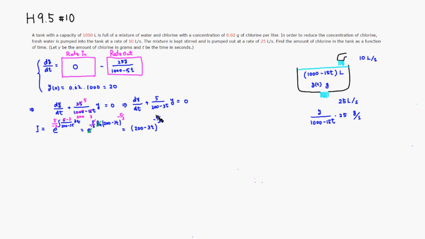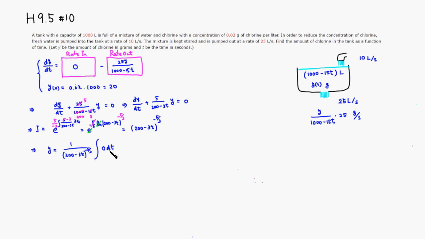Once you have an integrating factor I, we know that the solution is y equals 1 over I, which is 200 minus 3t to the negative 5/3 power, times the integral of q, which is actually 0 times I, so 0 dt.